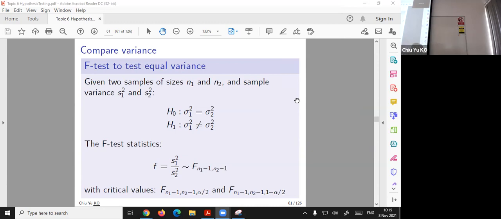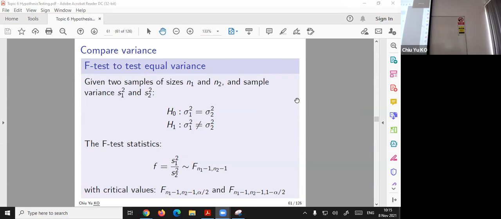Now, so when we will use this, okay, one thing to look at is why we care about whether two populations have the same variance. Okay, one thing is if the same variance, then we can use the t-test, right, to see if the mean is different or same, right? Another reason why you care about the variance is talking about say accuracy or product quality, right?